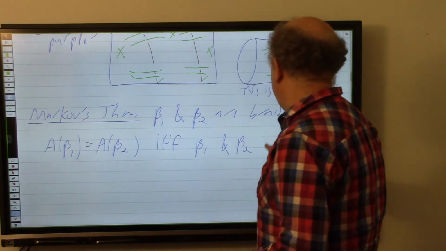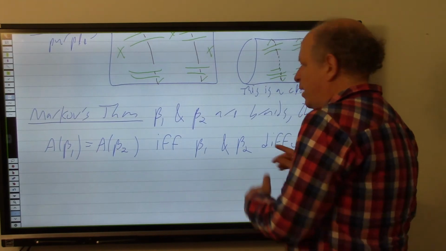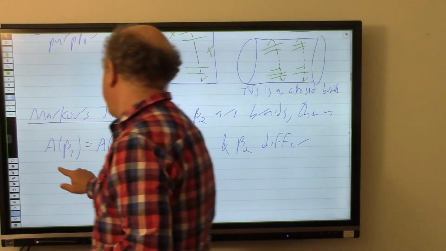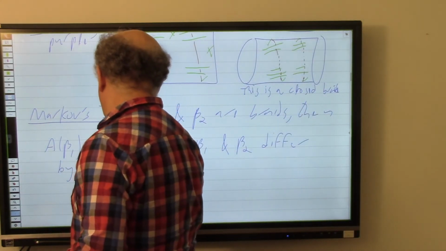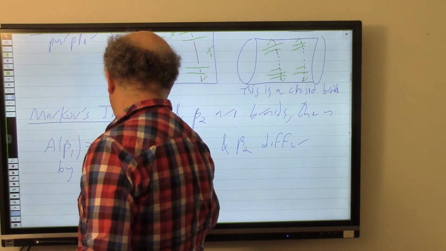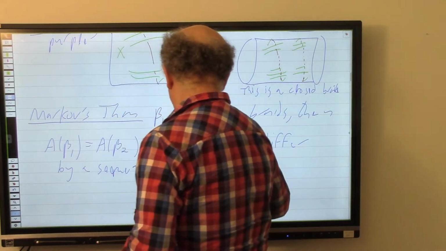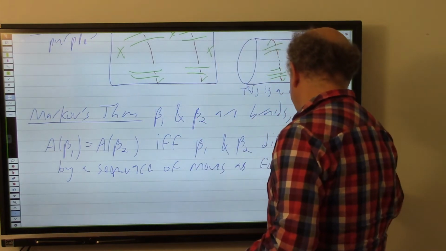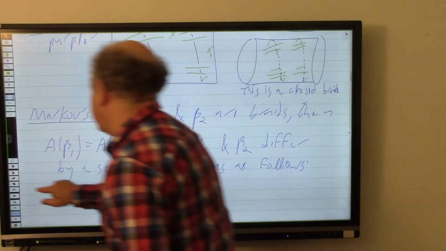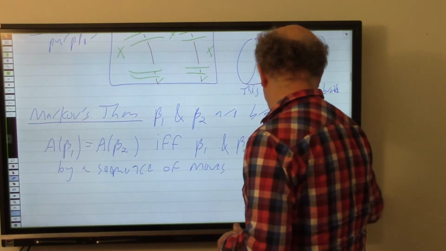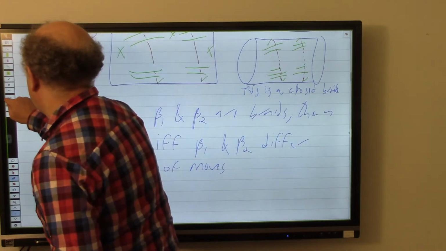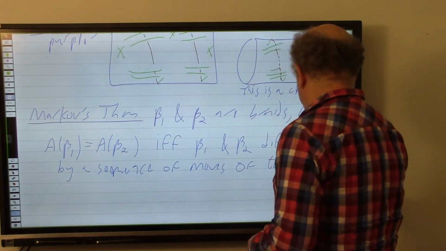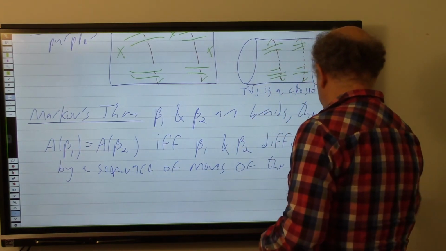beta 2 differ, roughly, by some sort of Reidemeister moves. So differ by a sequence of moves of the following kinds.